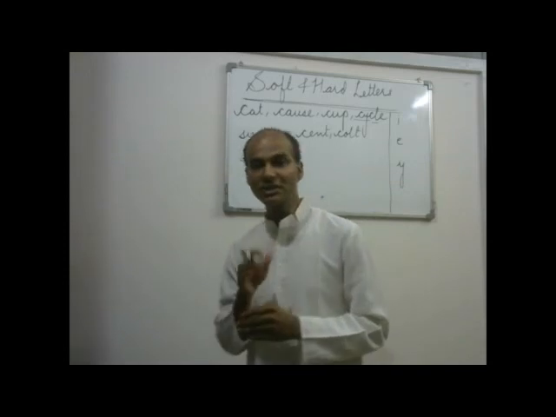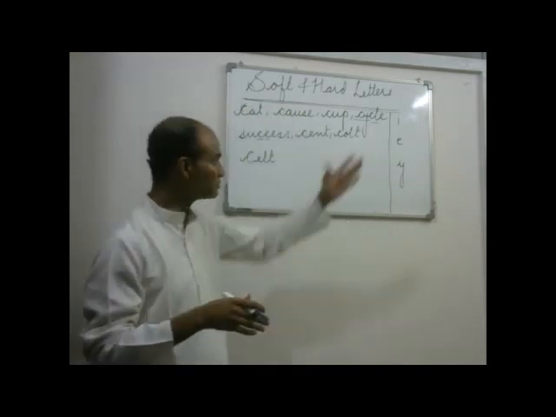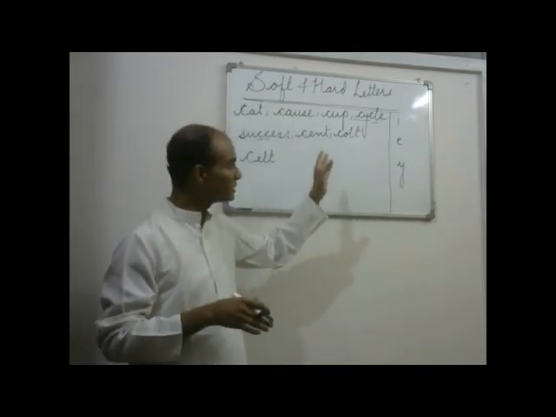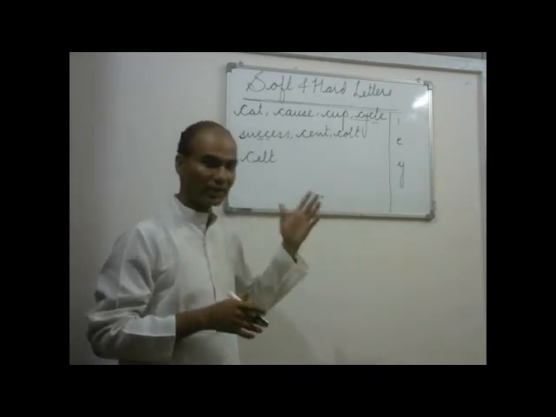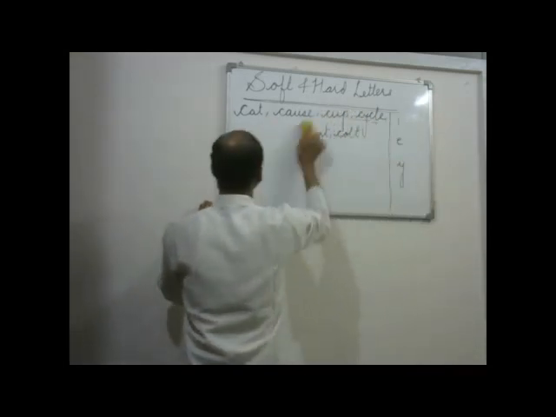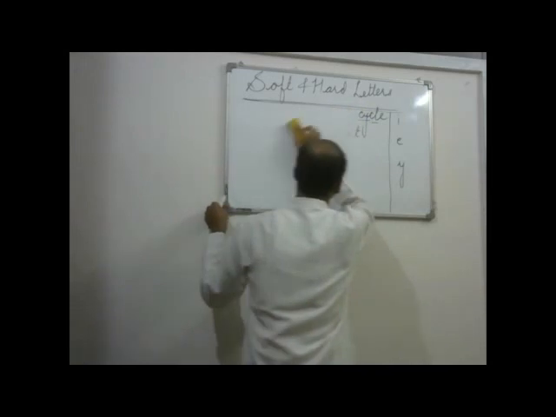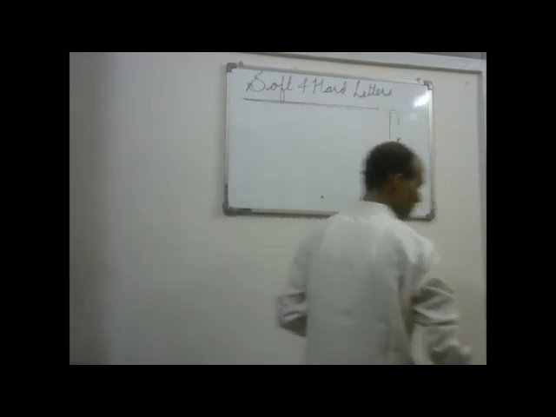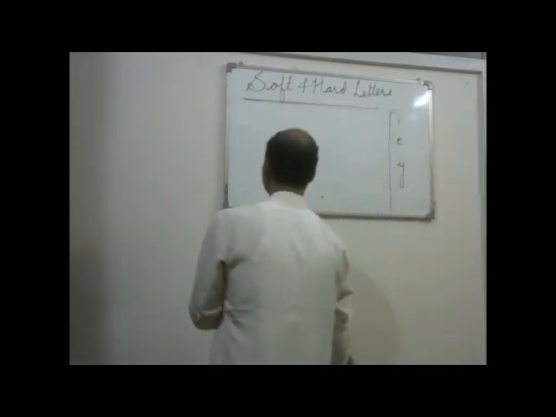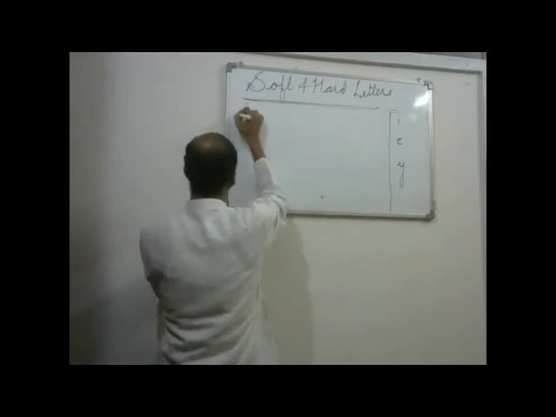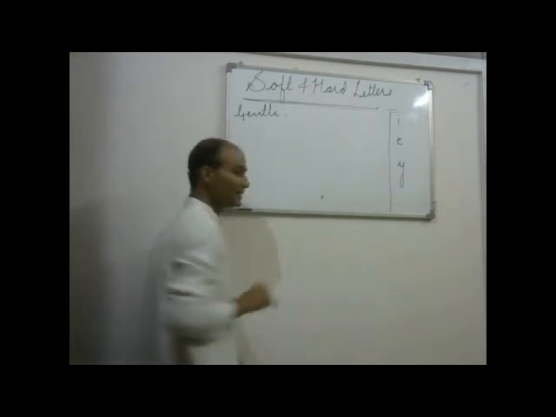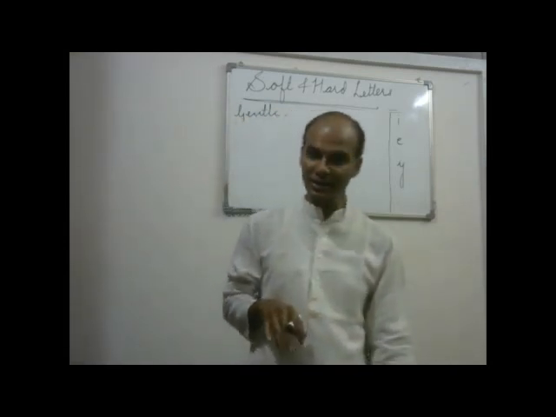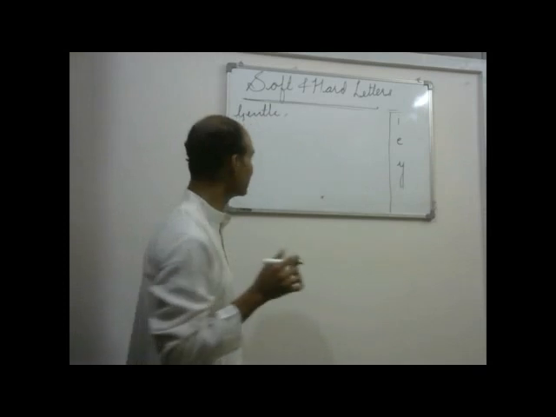Similarly, with G, we have certain examples to prove this rule, that yes, G is sometimes J and sometimes it is G. So let's see some examples of G as well. There are some exceptions as well. Now, see this: gentle. G is being followed by E, so it is gentle, with a J sound.